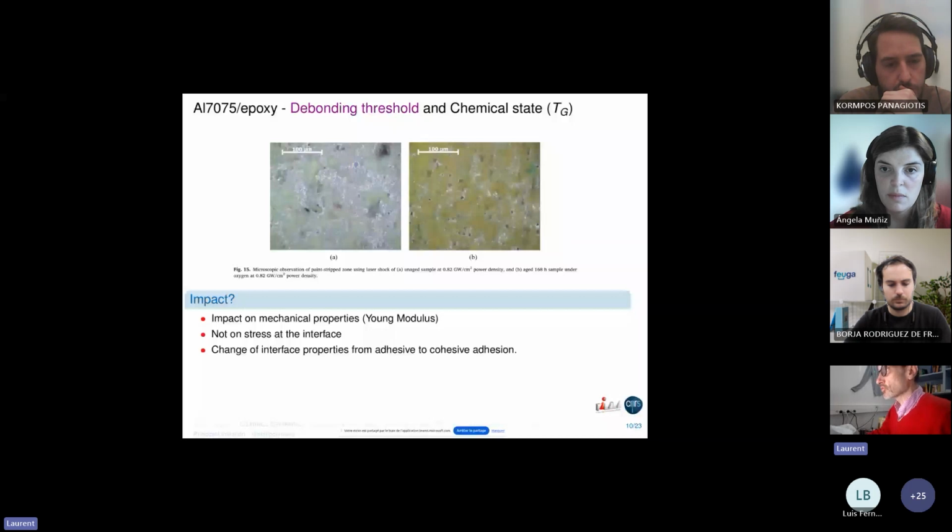So it demonstrates that, for example, for the stripping of the coatings, we need to adapt the laser parameters as a function of the age of the coatings.